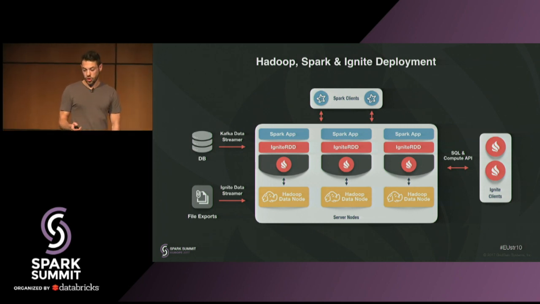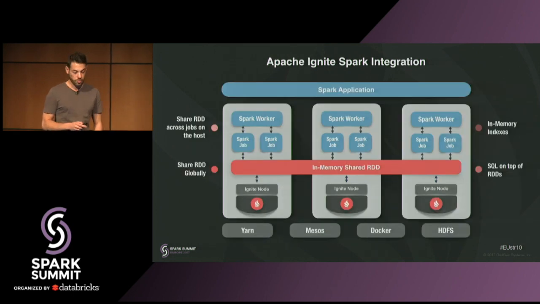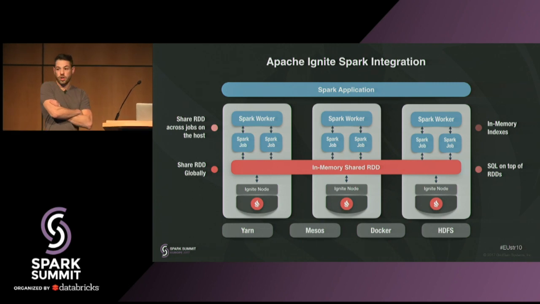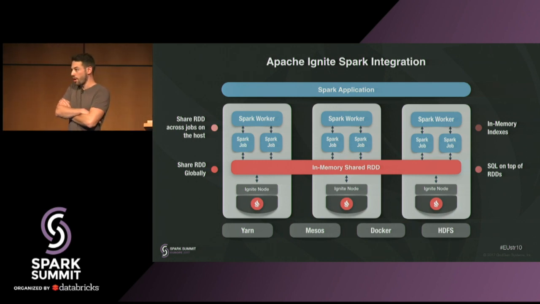So in that situation, what happens, if we look at a Spark application, we have the Ignite in-memory shared RDD. So that's kind of stored in memory across a number of clusters and servers, sorry. And then on top of that, we can run our Spark jobs. So what that gives us, it gives us mutability on the data sets, right?